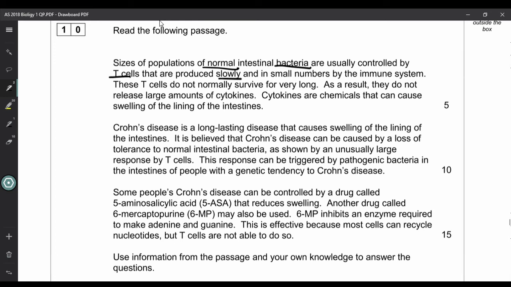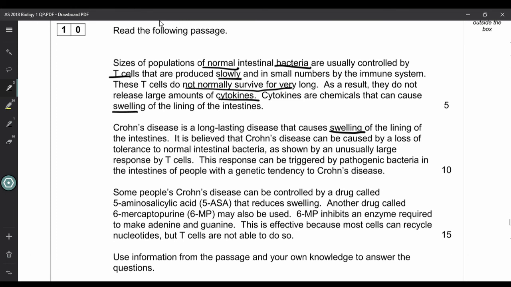These T cells do not normally survive very long. Okay, so not survive very long. As a result, they do not release large amounts of cytokines, which are chemicals that cause swelling in the lining of the intestines. Crohn's disease is a long-lasting disease that causes swelling of the lining of the intestines.